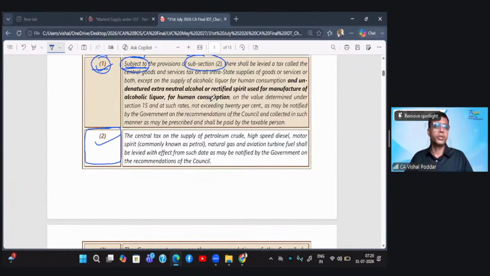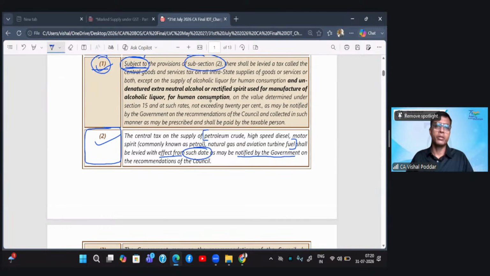Now what does subsection 2 say? Since we are studying the charging section, you need to know that the charging of GST on 5 types of petroleum products has been deferred, and it will come into effect from some future date which will be informed to us by the government by way of notification.